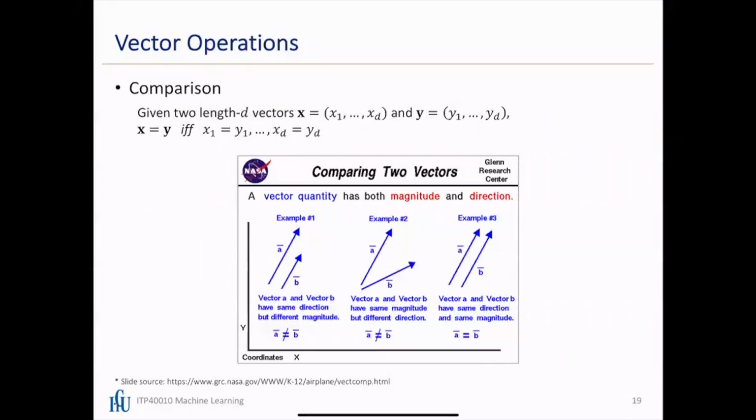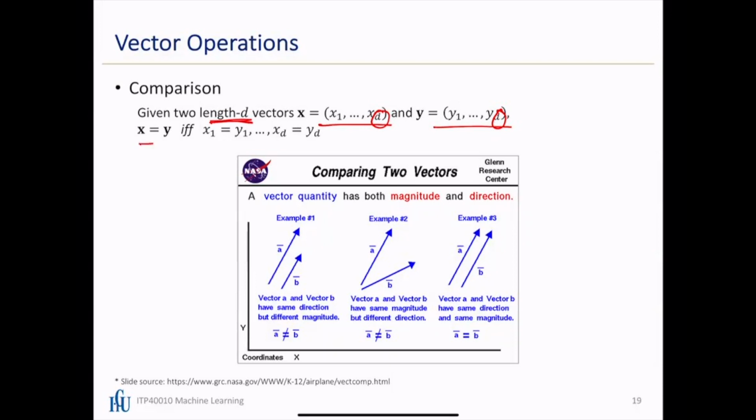Given two different vectors, you are able to compare them. In order to compare them, you need to have the same length. So you have two vectors x and y. Their dimensionality should be the same, so both vectors should have the same number of elements.